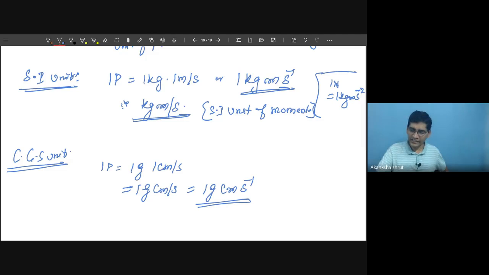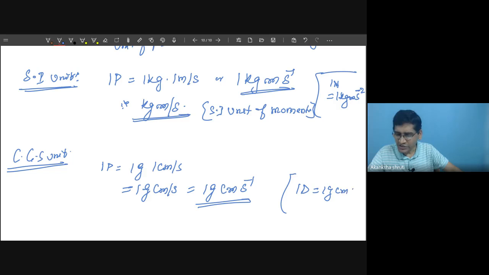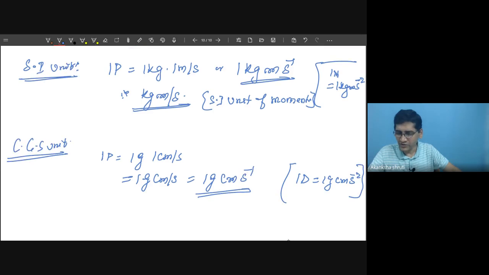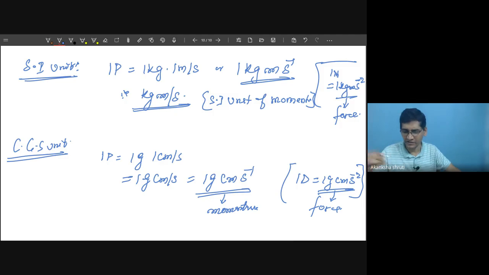Students, like Newton, force was given a certain name, but gram centimeter per second or kg meter per second does not possess any specific name. Just keep this in mind. It is different from the unit of force, where it was gram centimeter and second to the power -2. So that was for force, but this is for momentum.